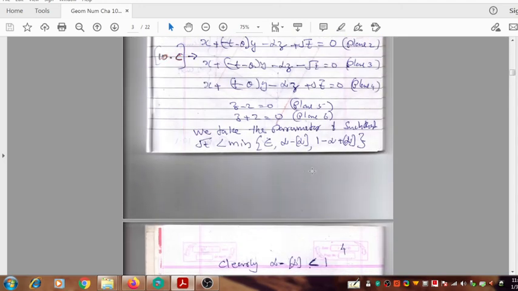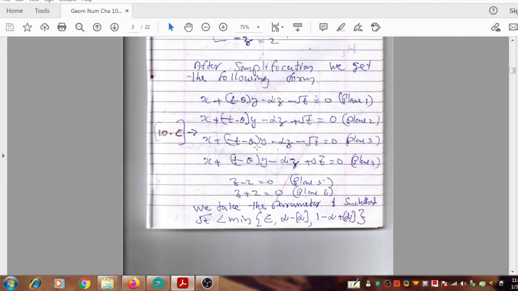Okay, then you can pair these equations to obtain the equations of the opposite sides. Then what are those pairs? See, x plus (t minus theta) into y minus alpha z is the same in the pair, but you can see minus root t and plus root t are the differences.